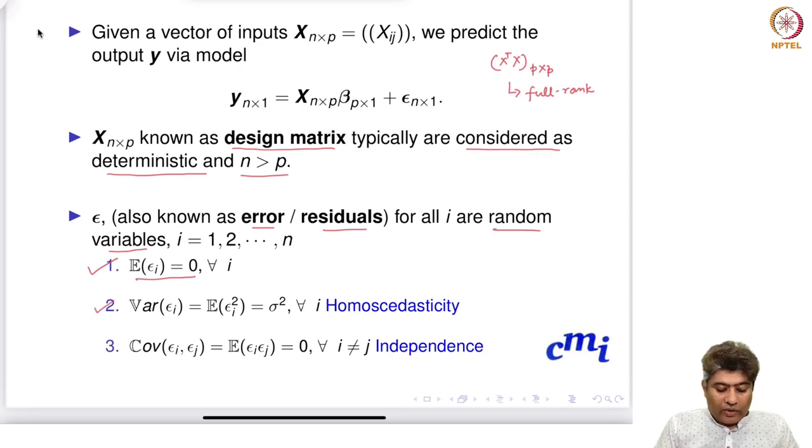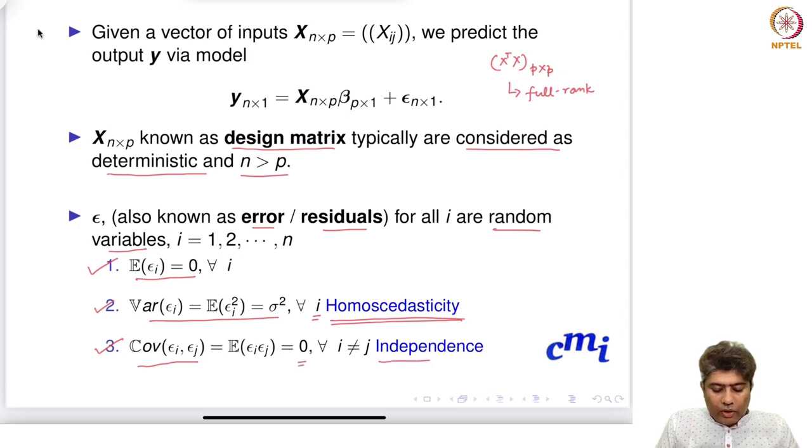Second, variance of epsilon i is sigma square for all i. For all samples, the variance of the residual is sigma square, and this assumption is typically known as homoscedasticity. And the third assumption is covariance of epsilon i, epsilon j equal to 0.